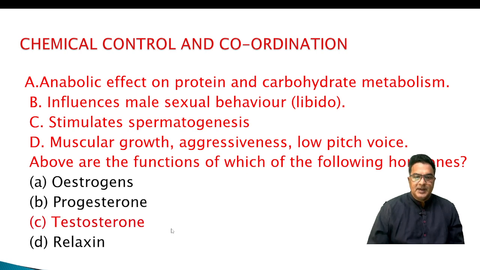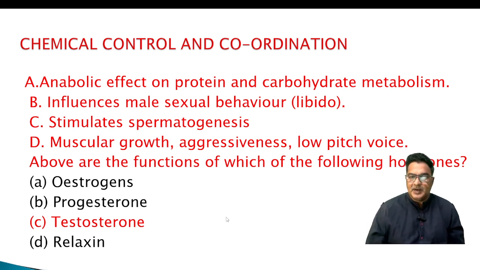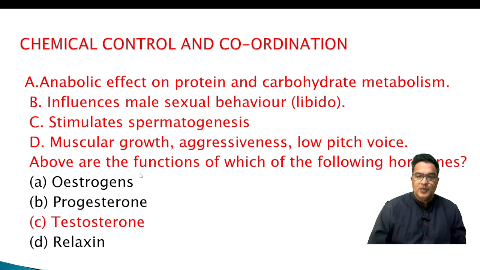Here it is testosterone. Testosterone is for the anabolic effect on protein and carbohydrate metabolism and influences the male sexual behavior, libido, stimulates the spermatogenesis, muscular growth, aggressiveness, low pitch voice.